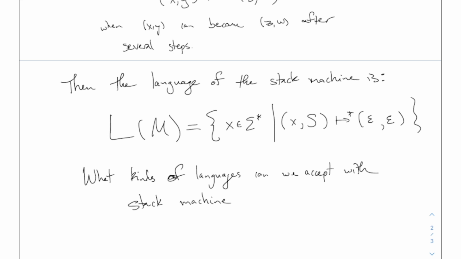For instance, can you make a stack machine for any regular language? I don't know what your intuition about that is, although we have seen already there are some non-regular languages that have a stack machine, like a to the n, b to the n, and that's not regular. So stack machines certainly don't only do regular languages, they can do some other things.